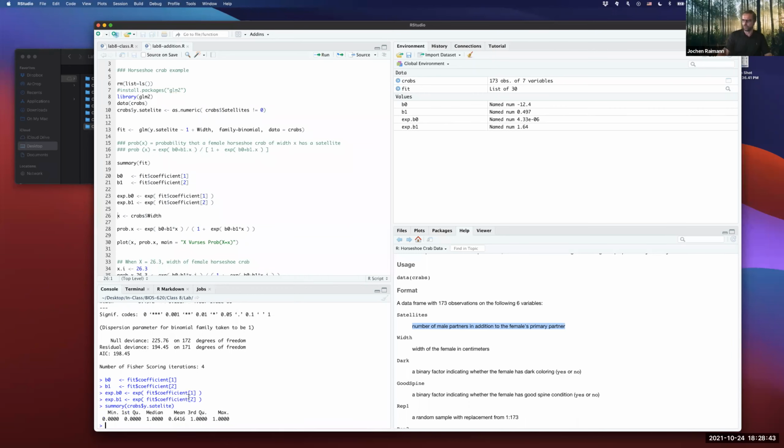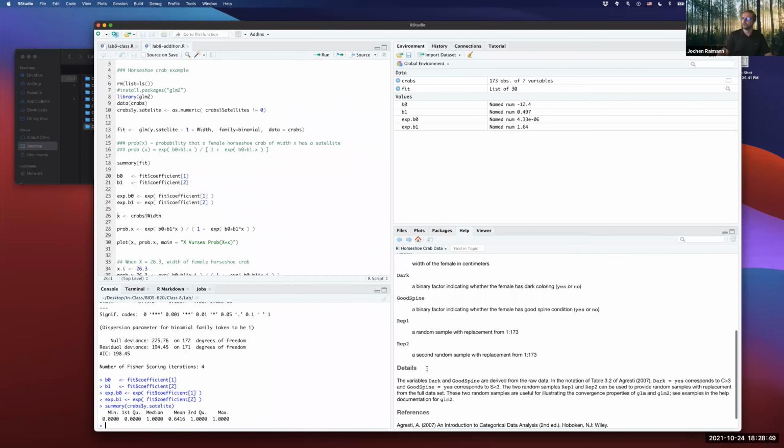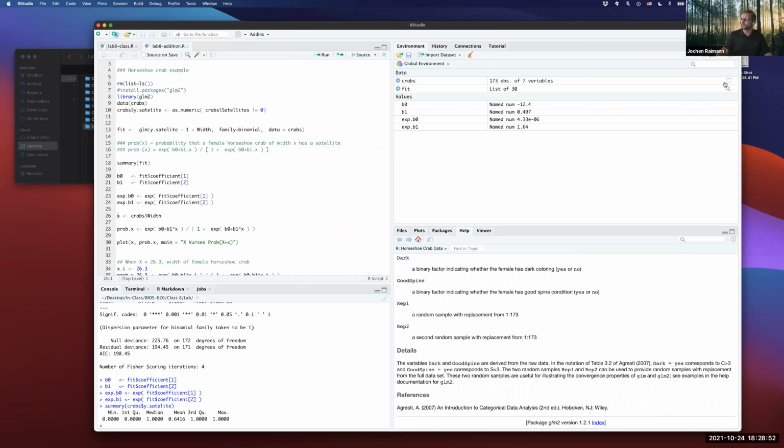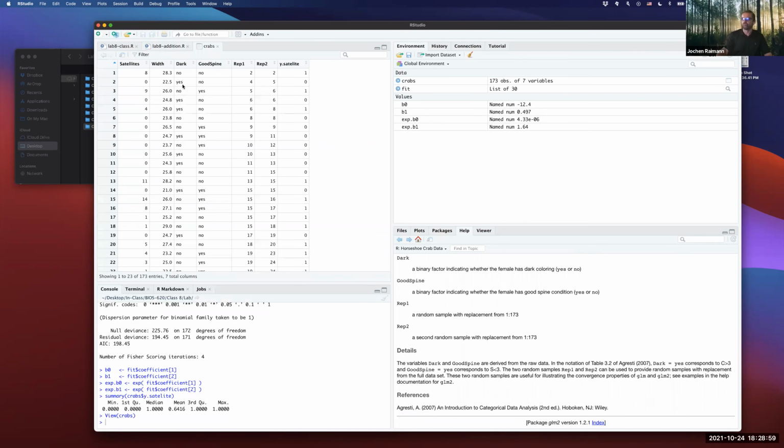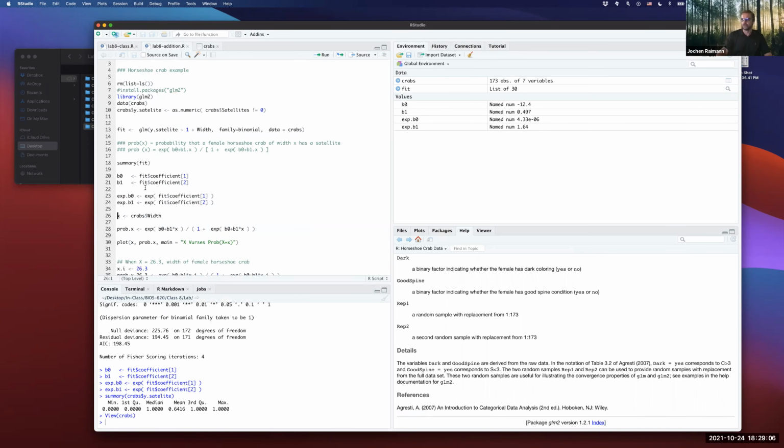So that means that they have more than one partner, number of male partners, satellite, Y satellite. Sorry, I should have probably prepared it before. Because satellites is more than one, so they have more than one partner, then Y satellite is a 1. So Y satellite is more than one partner.